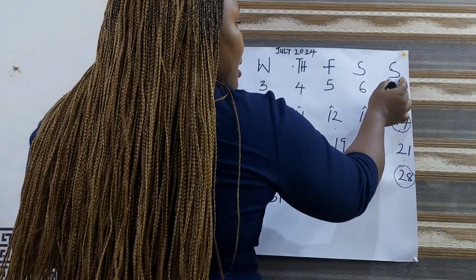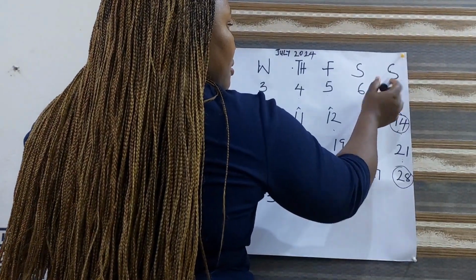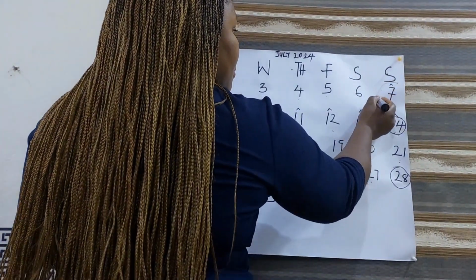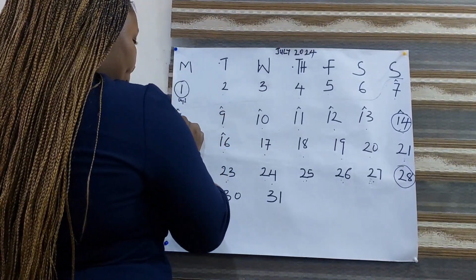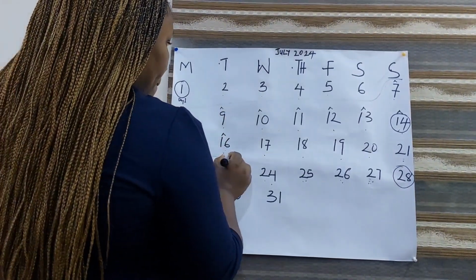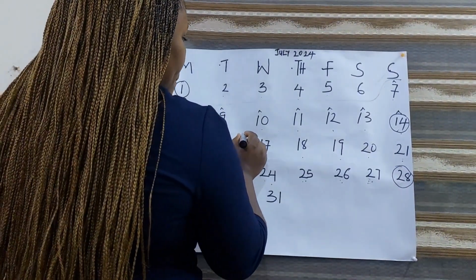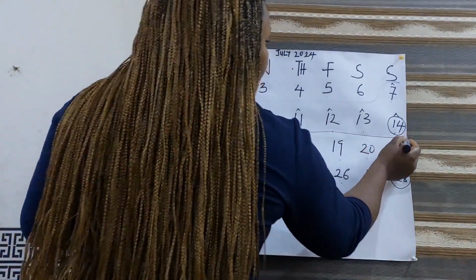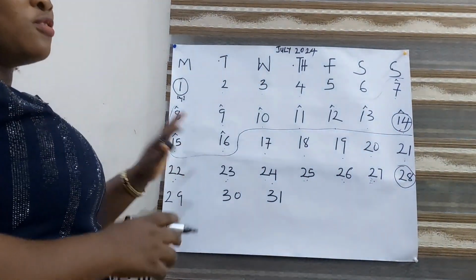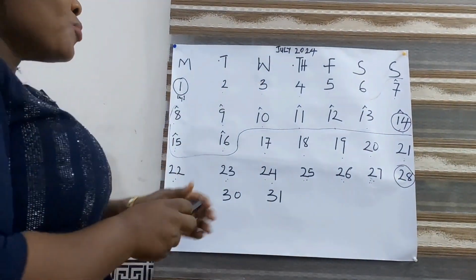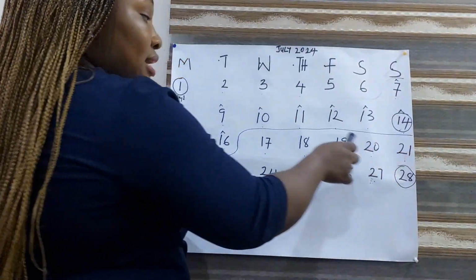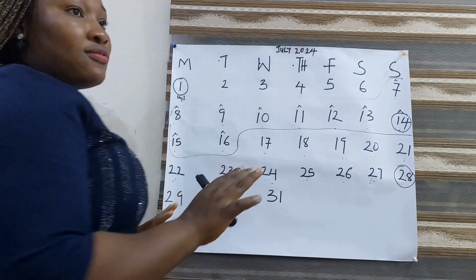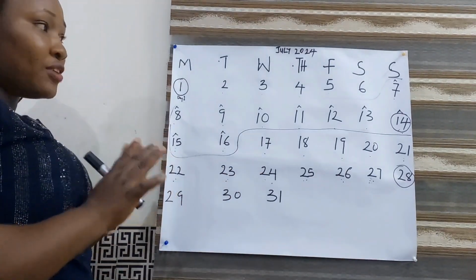The whole of these 10 days is your fertile window. So with this, you have successfully calculated your fertile window.